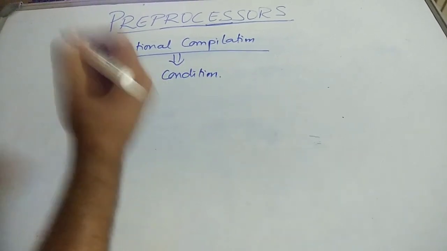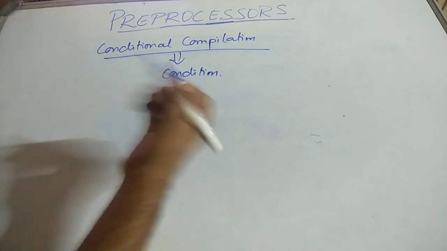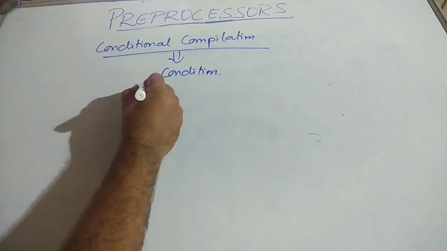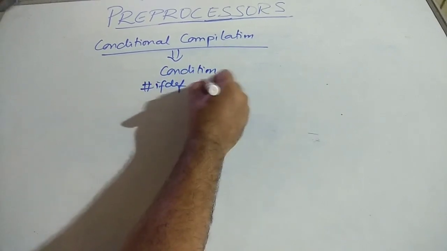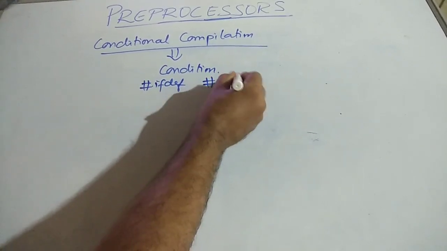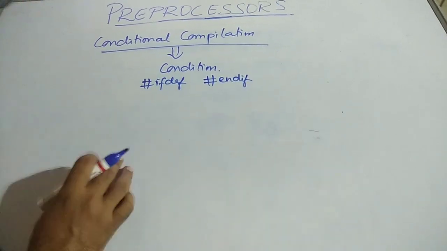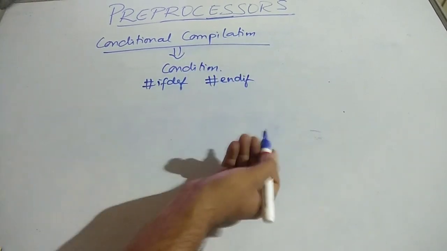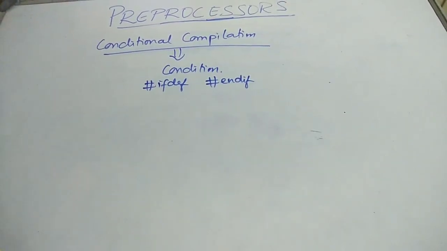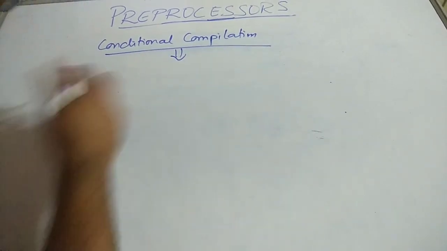Is it clear? This can be done with the help of preprocessor directives such as #ifdef and #endif. So if the preprocessor directive is defined, then execute some part of the code. If it is not defined, execute the other part of the code. Is it clear? Now we'll see some syntax.